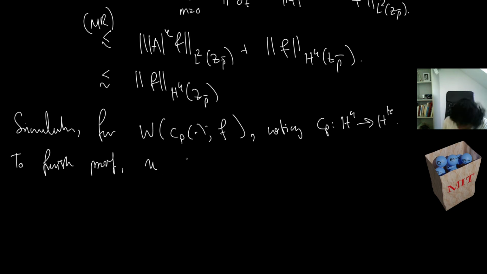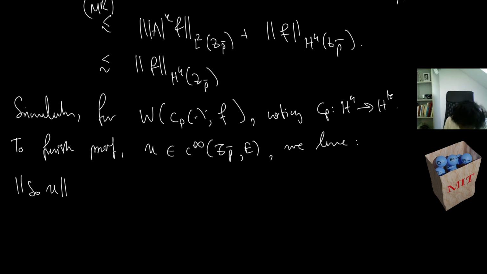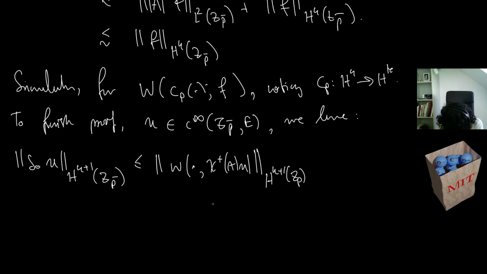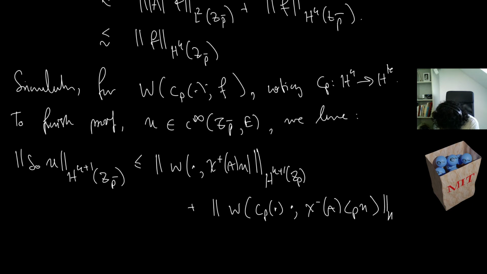when u is in C infinity Z rho E, we have the estimate S naught u in HK plus 1 Z rho bar is less than or equal to now w chi plus of A of u in HK plus 1 Z rho, plus w c rho and then chi minus A c rho of u in HK plus 1.